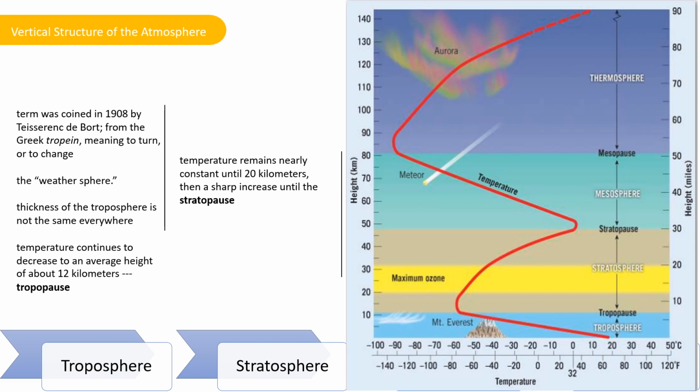It's nearly constant until it reaches the maximum ozone, in the yellow colored area in the graph. Then it has a sharp increase until the stratopause.